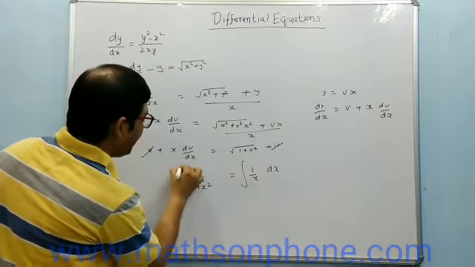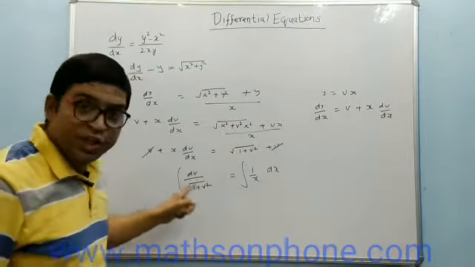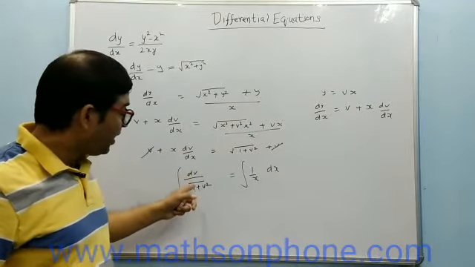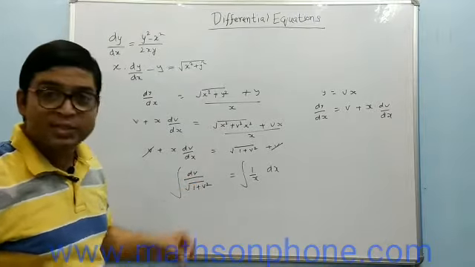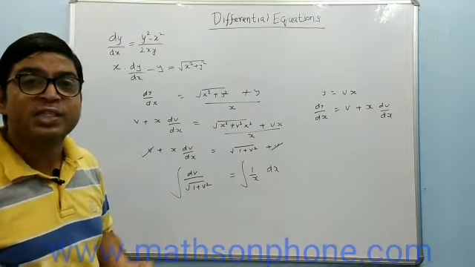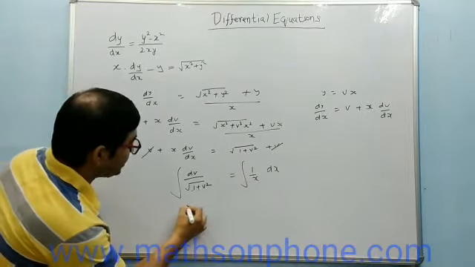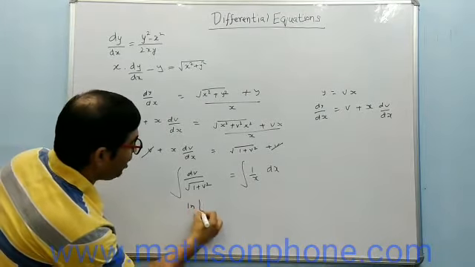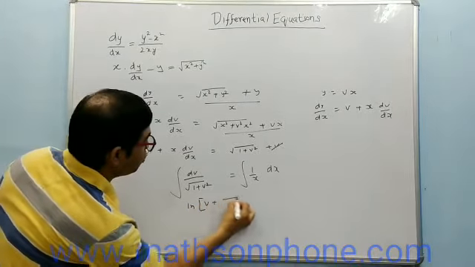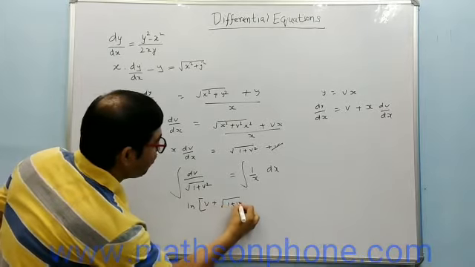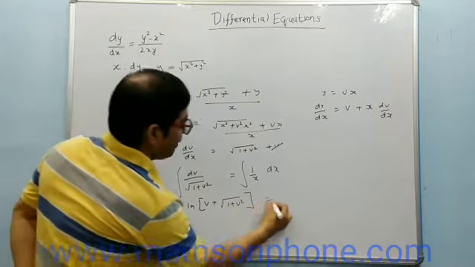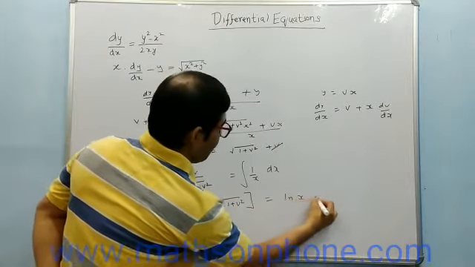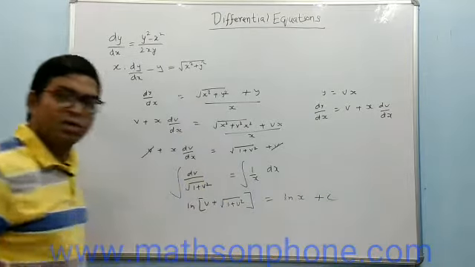So just integrate now. Now see the integration of this, it is in the form of 1 by under root 1 plus v square, that we have seen in special integration 1, that is ln of v plus under root 1 plus v square is equal to ln x plus c, constant thing.